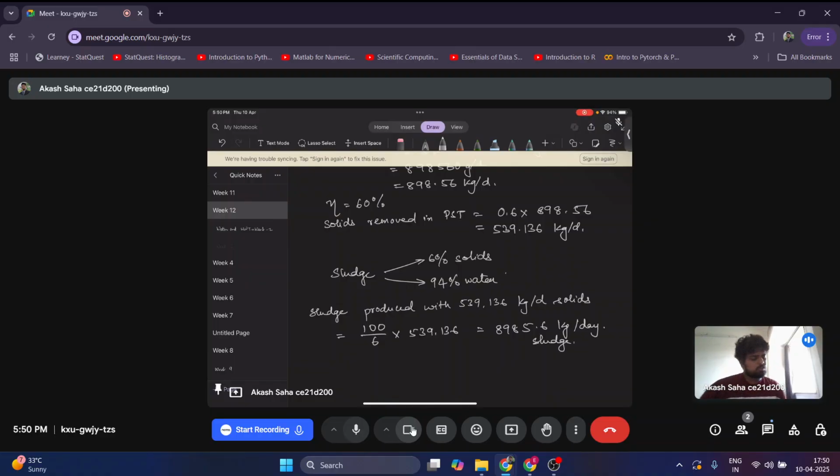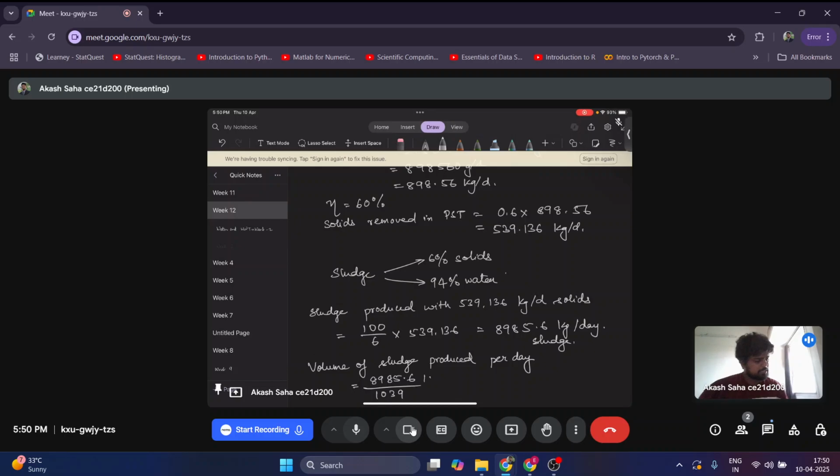Once this is known, the volume of sludge produced per day would be equal to 8985.6 divided by 1039.